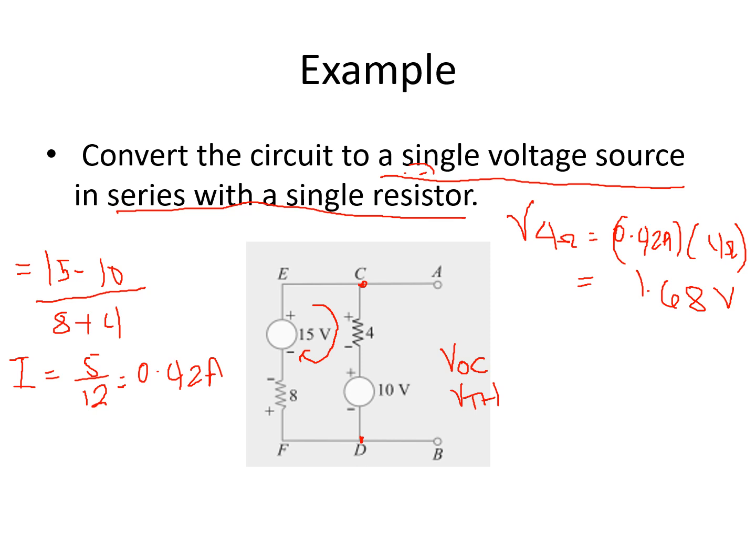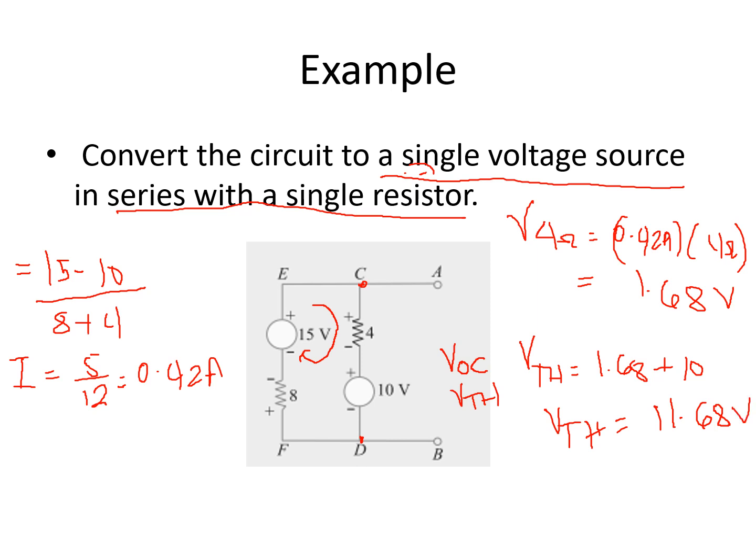Therefore, our VTH is simply the voltage across the 4 ohm resistor, which is 1.68 plus 10. Okay? So our VTH now is equal to 11.68 volts.